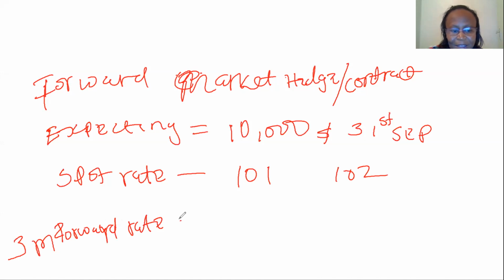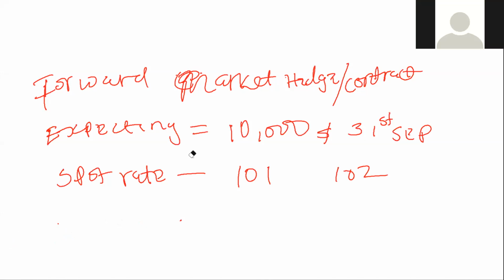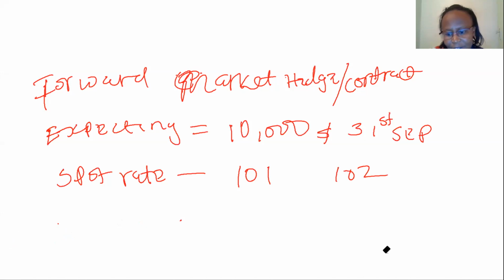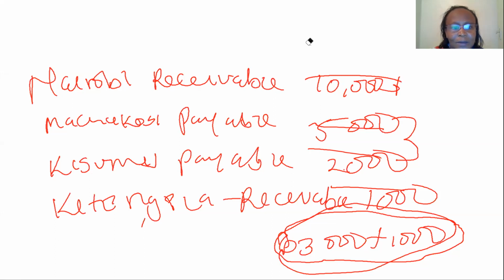You are told that the 3 months forward rate, I need to clear something I have written wrongly. Just a minute, I need to clear all this, it's a lot. So you are told that the forward rate, let's start again.